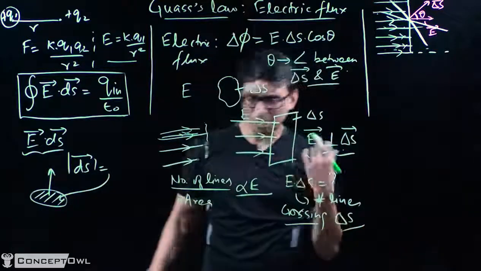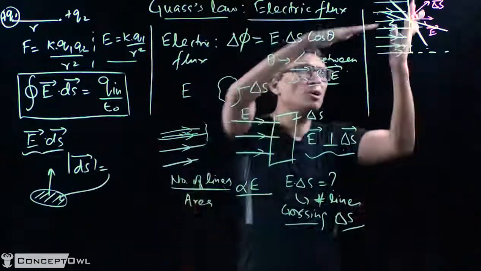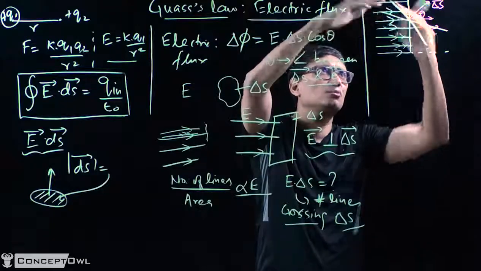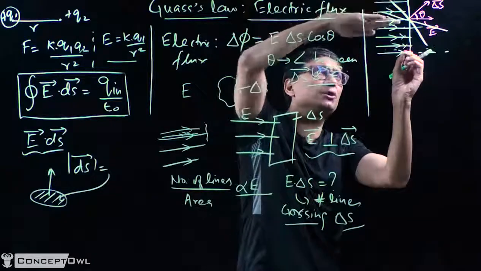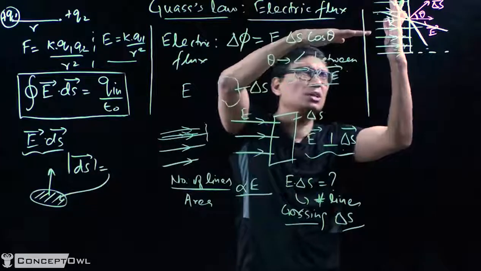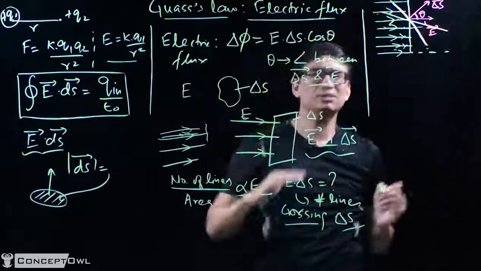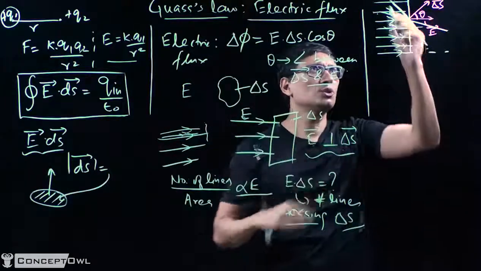Now how many lines will be crossing? It depends upon what is the component of area which is in the same direction as the electric field, right? So here this is the length.